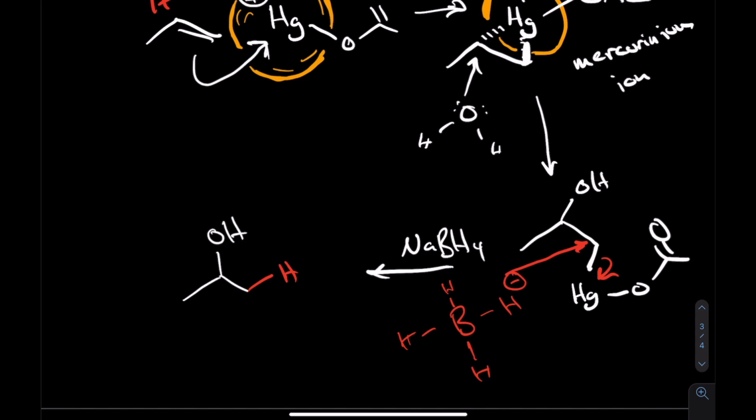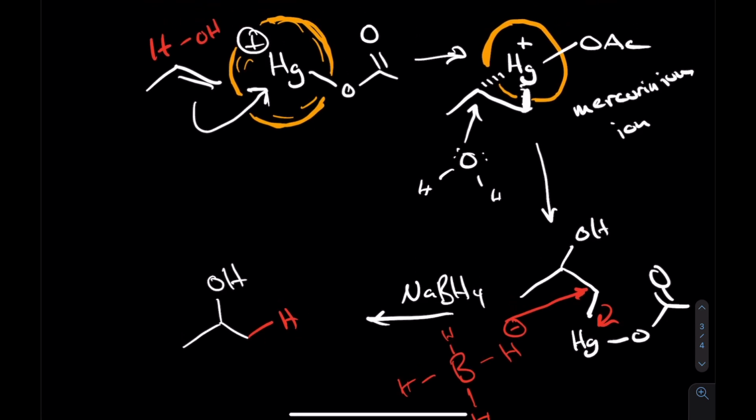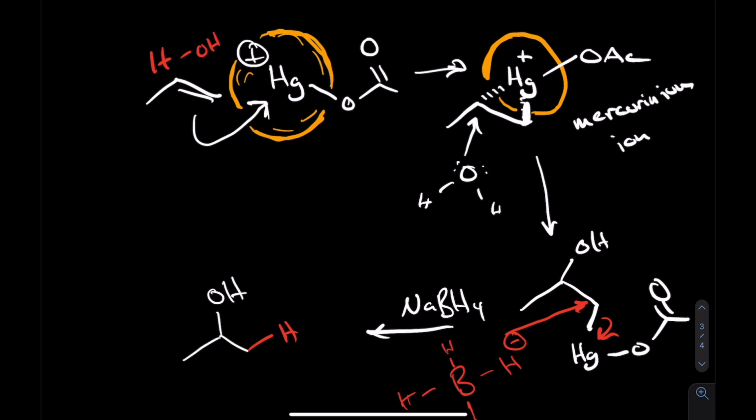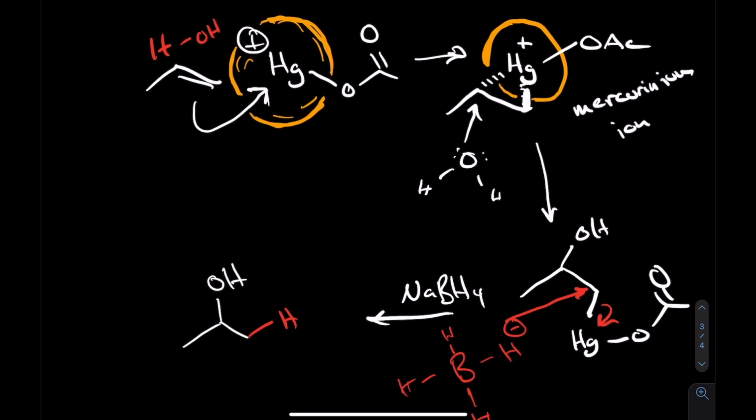There's also another interesting thing that I've drawn up here, and I didn't really point it out, but you kind of got to think of it. This is a huge atom, right? So I've purposefully drawn it sort of in the back, and this water attacking from this side. Nothing can really attack from the same side as the mercury, all right?